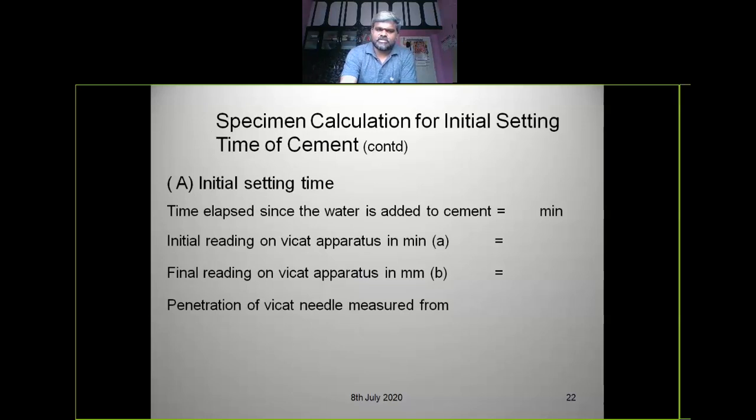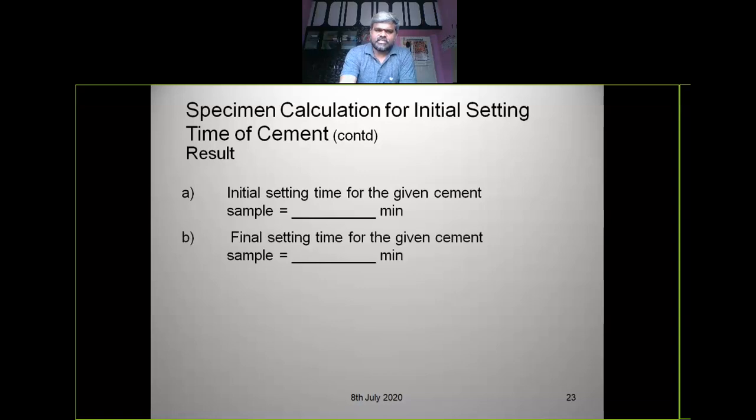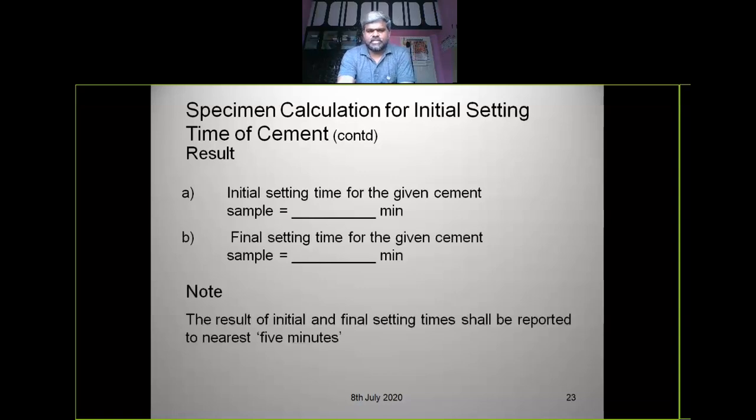Then final setting time is also recorded when the needle just makes an impression, right? So the difference between final setting time and initial setting time is calculated. So the results are: initial setting time for the given cement sample in minutes, and final setting time also in minutes. The results of initial setting and final setting time shall be reported to the nearest 5 minutes, right?